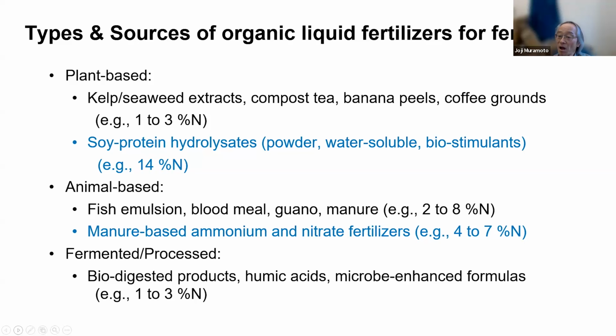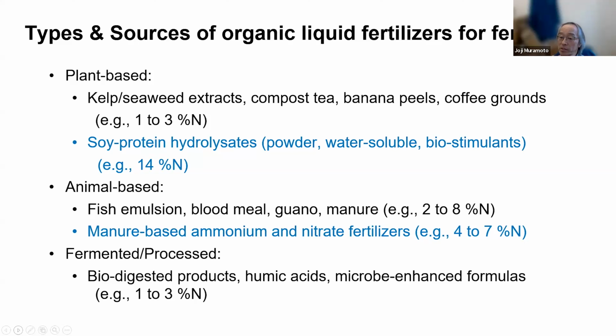Usually, nitrogen content is pretty low, 1 to 3%. Different kinds of mixtures are available these days, so it can be higher, but this is just an example. And another plant-based organic fertilizer that is kind of new is soy protein hydrolysate. It's a solid, a powder, but water soluble.